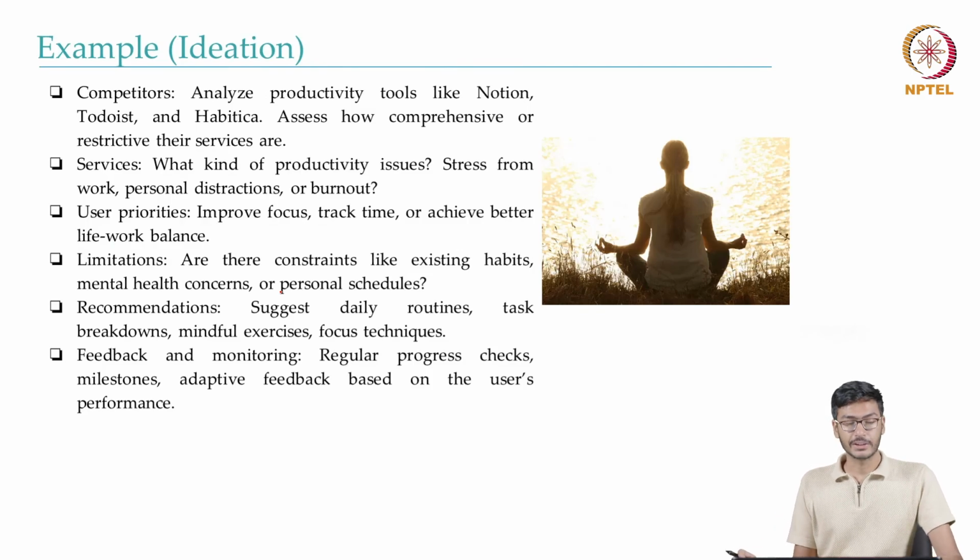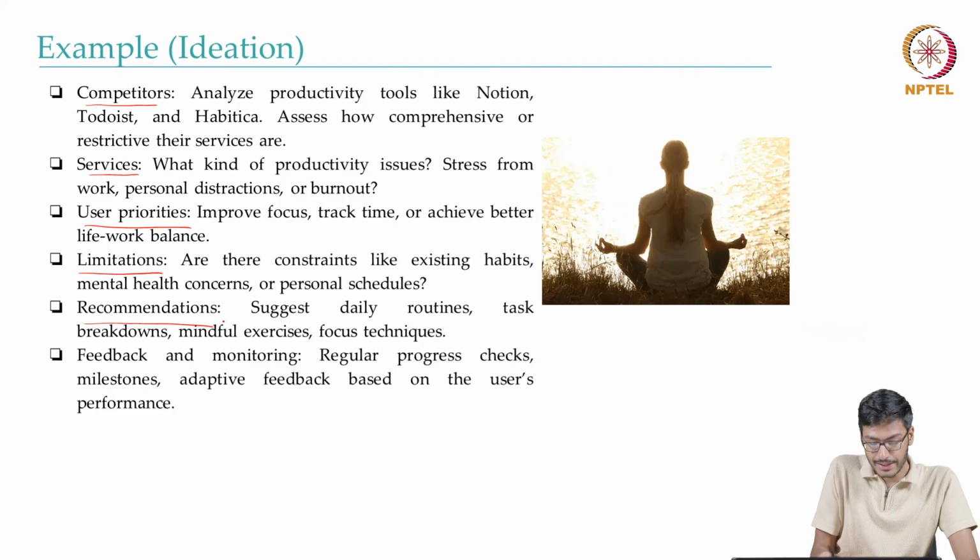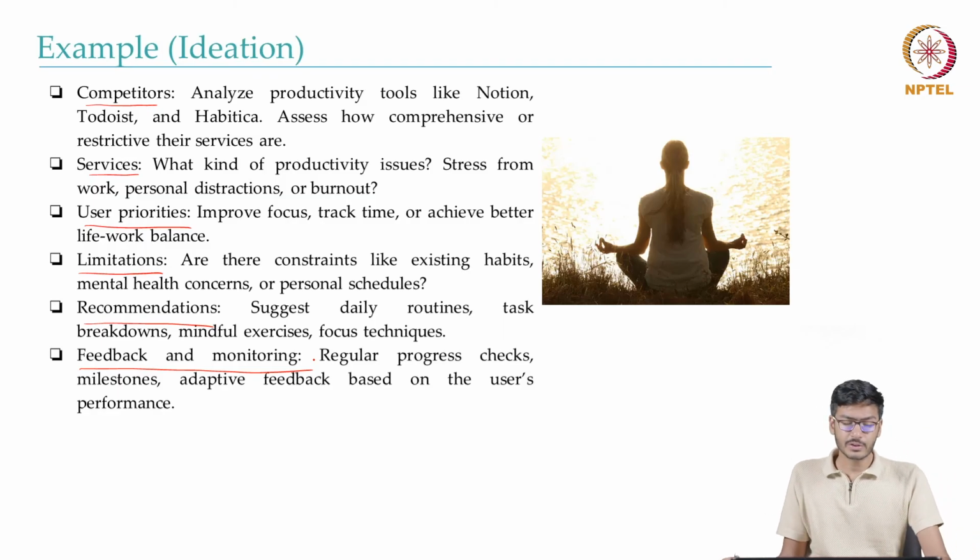Now we come to the ideation part. We look at the competitors, we look at the services, we look at user priorities, limitations, recommendations, and finally, feedback. We need to see what the competitors have been doing, how comprehensive or restrictive their services are.